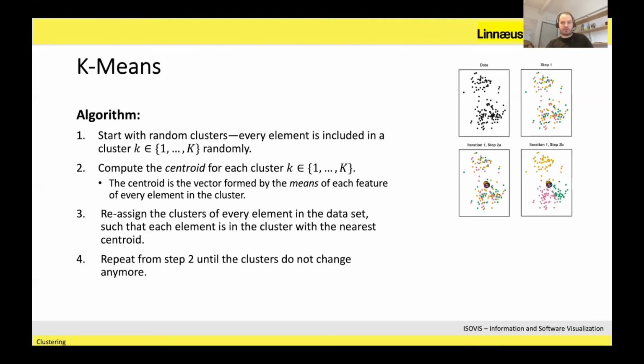Then what you do is you reassign the clusters of every element in the data set such that each element is in the cluster with the nearest centroid. So now we're going to take these centroids that we have here, then we're going to go over every point, and we're going to ask which centroid that I computed in the previous step is the closest to me right now.